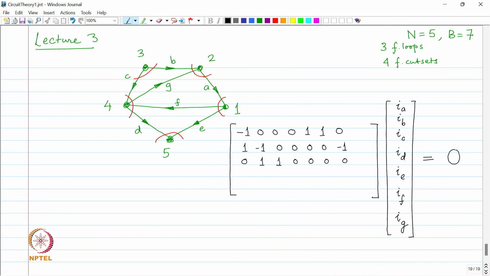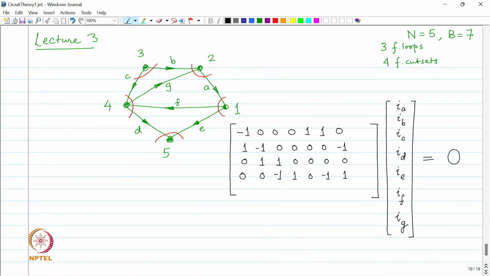Then node number 4, minus I C plus I D minus I F plus I G is equal to 0. Okay.